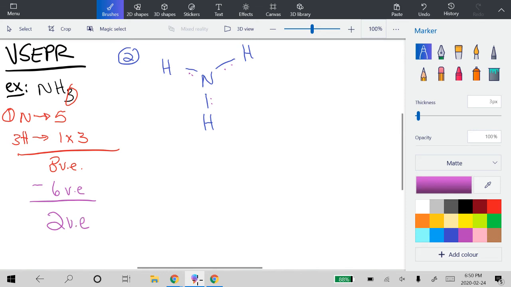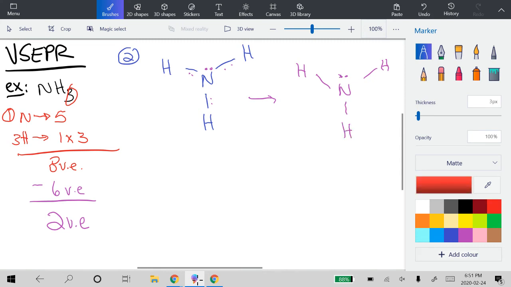And because I can't fill any around the hydrogens, because we know hydrogens don't take any valence electrons around them, my only option is to put them on the nitrogen. So my final guess looks like this. That's supposed to be an electron.